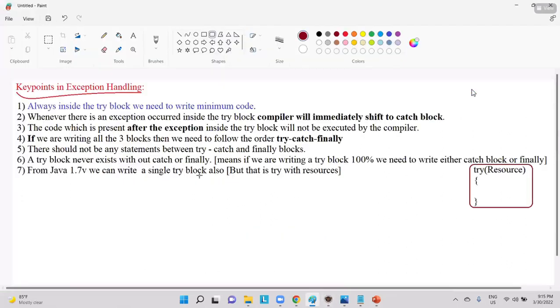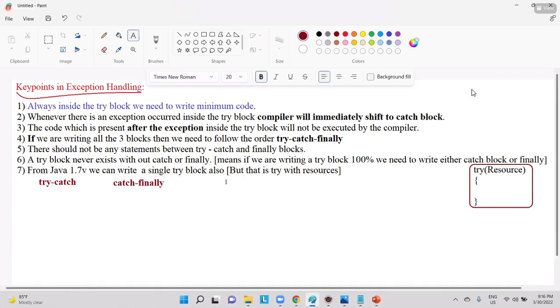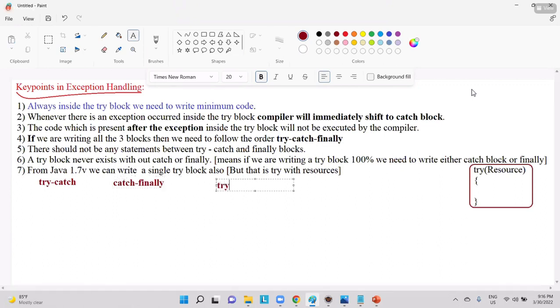Now, for example, I'm going to write some code, guys. Try and catch. After that, catch finally. After that, try finally.